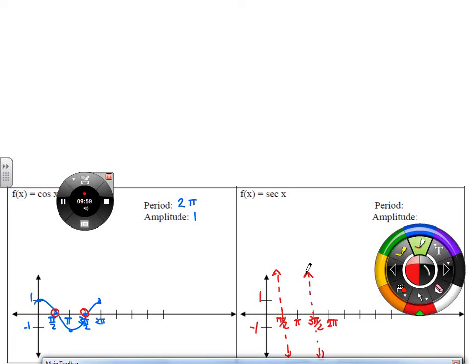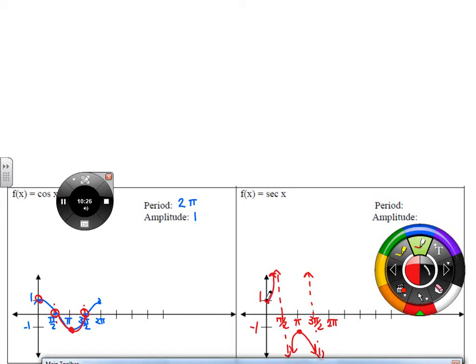So the pieces between the asymptotes are going to reflect. So we put an asymptote here and here. So she's saying this was going this direction. We now expect it to go the other direction. Remember those points that were at 1 and -1? 1 and -1 are their own reciprocal, so those points generally stay. So this point will be here. And we'll see that arching that way. Okay. This point that was a maximum right here, that point will stay there.